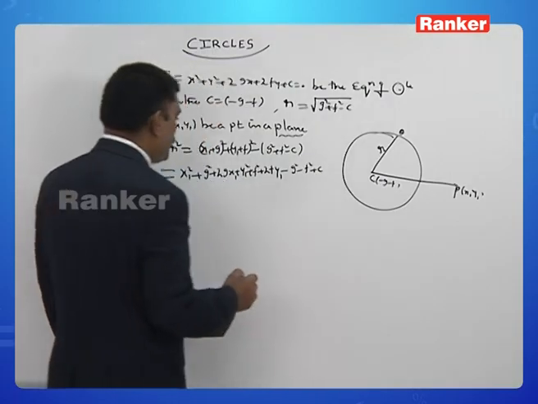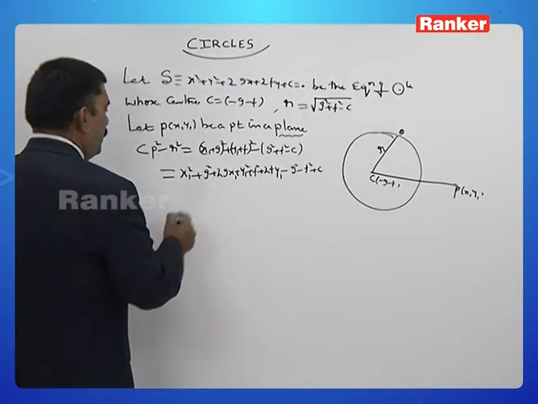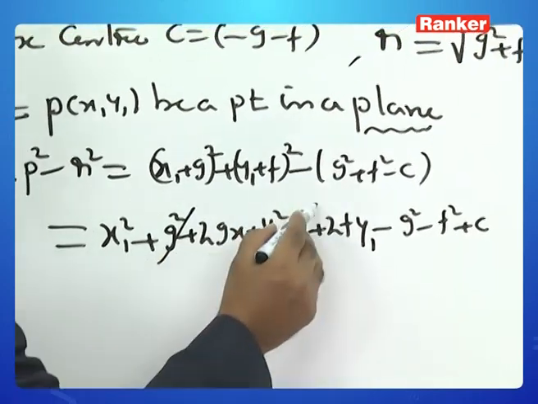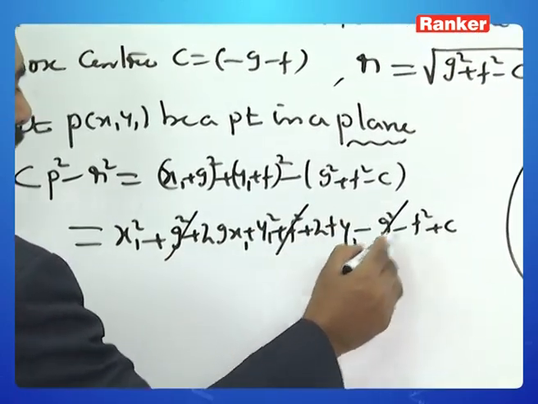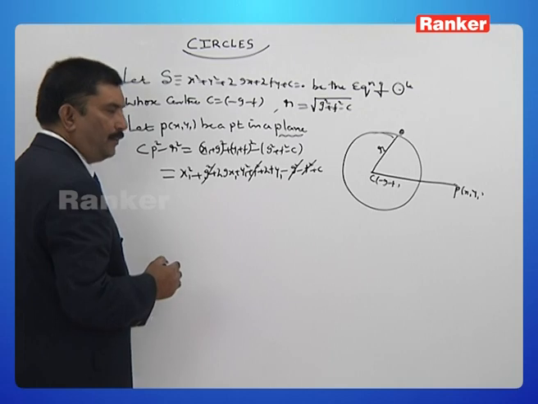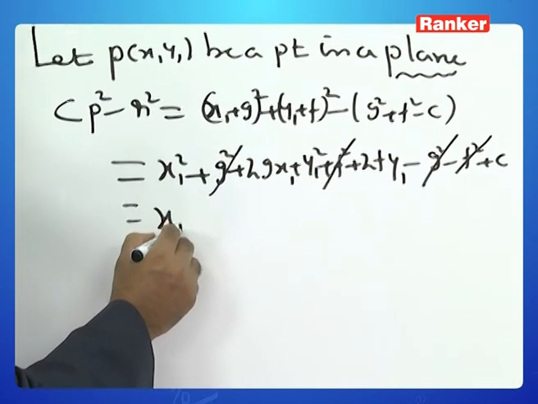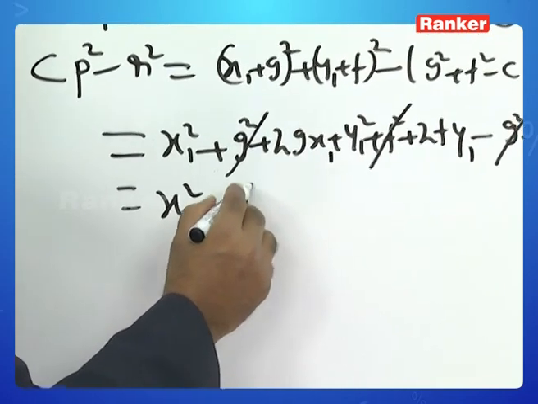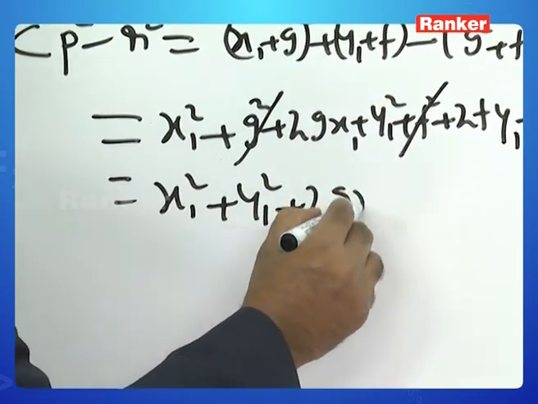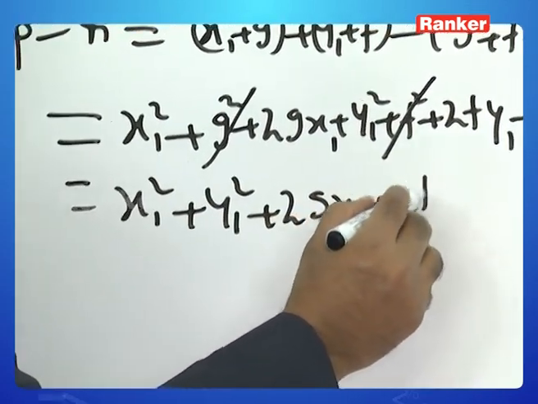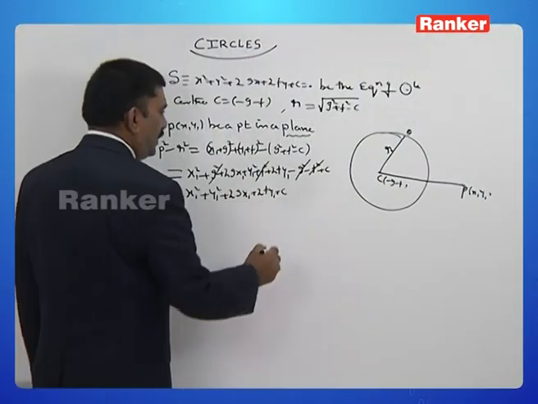Correct or not? Now this term and this term cancel. We are left with x1 square plus y1 square plus 2gx1 plus 2fy1 plus c.